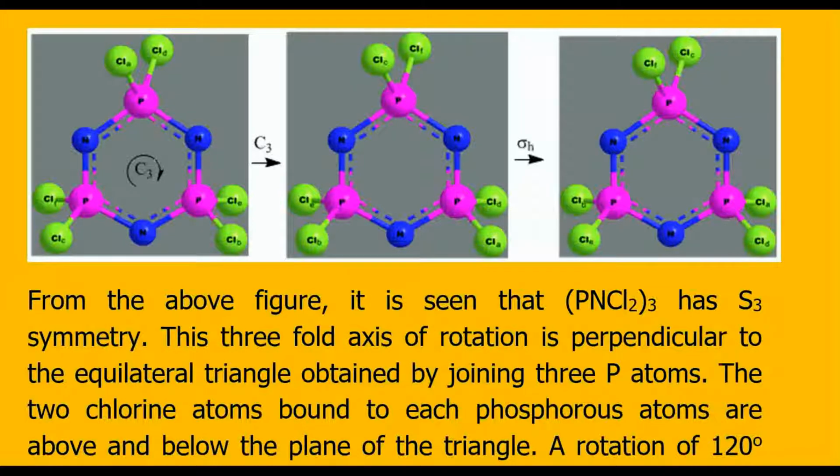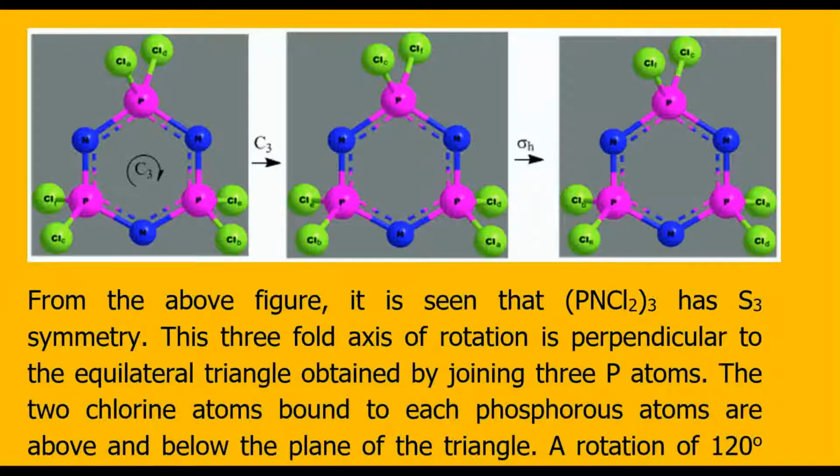Now see, the first thing needs to be done is to identify the axis. So the axis coming outside of the plane and inside is your axis of rotation, and this axis of rotation is going to be C3, means 120 degree.